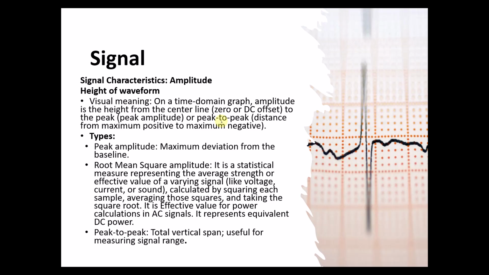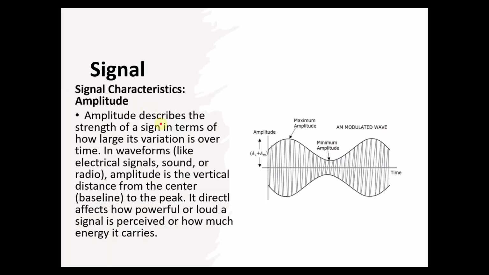I will explain the peak to peak and the peak amplitude with our diagram. So the peak amplitude is the distance from the center to the highest part of the signal, from the center to this place. And then the peak to peak is from the highest point to the lowest point of the signal. That is peak to peak.